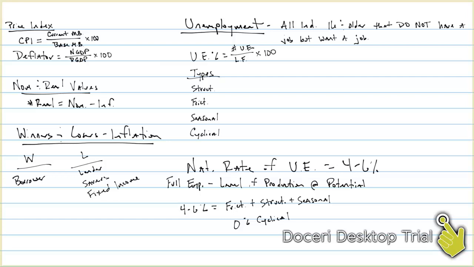The 4 to 6% unemployment rate comes from adding together the number of frictional, structural, and seasonal workers together. And that's what we expect to have. 0% cyclical unemployment.